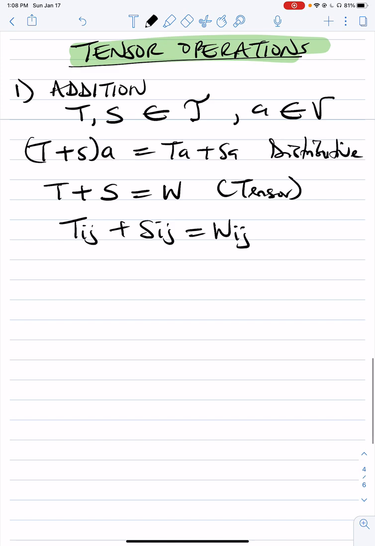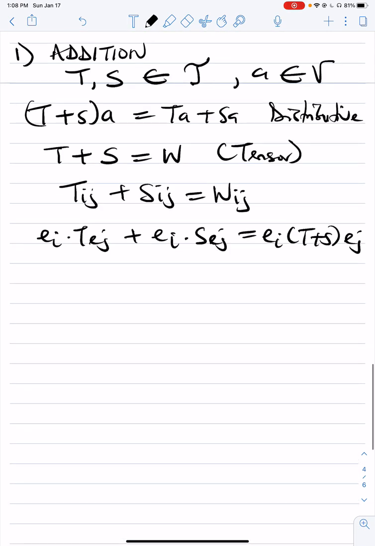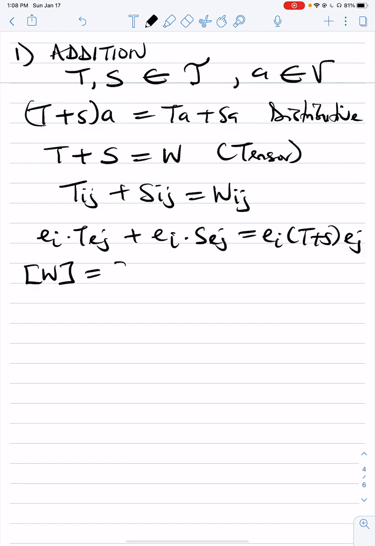So to write the component Tij, it should be Ei dot TEj, and you can still use i, Ei dot SEj, to give you Ei dot (TEj plus SEj). I hope that makes sense. So in matrix form, W equals T plus S, or matrix notation.